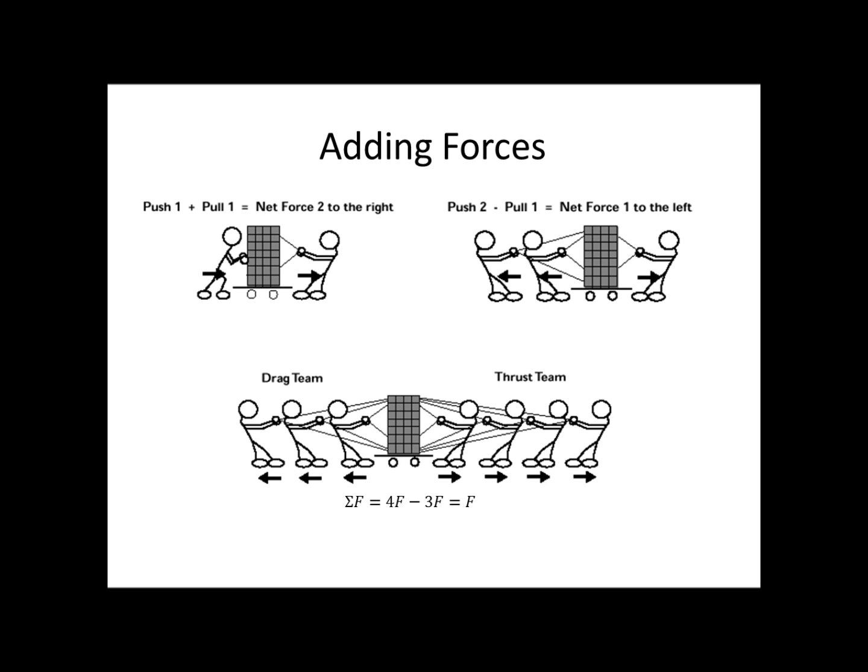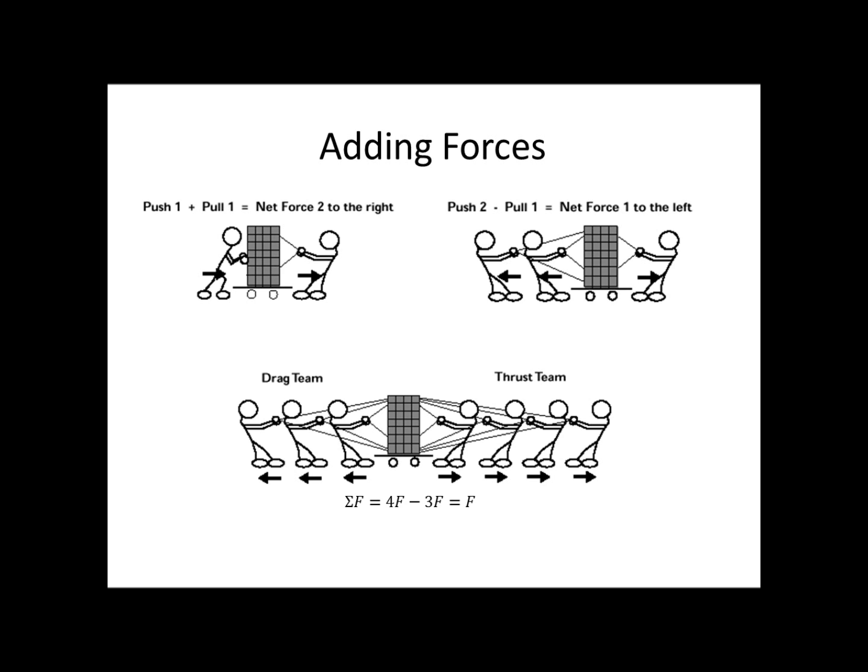Now, when we add forces, because they're vector quantities, the direction that those forces act matters. So in our first picture, where one guy is pulling and one guy is pushing, we would add those two forces up because they're both positive forces. They point to the right, which is our typical positive direction.